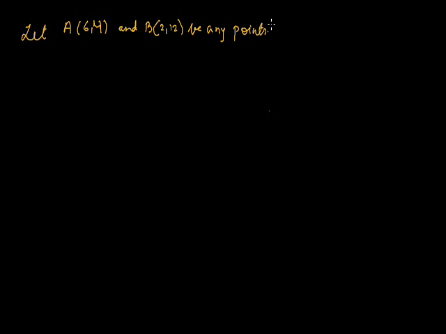Then we need to find the slope of the line joining point A and B, that is AB. This is the line, AB, wherein we need to calculate its slope.